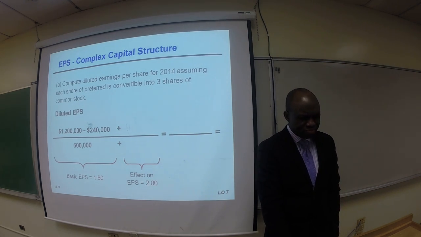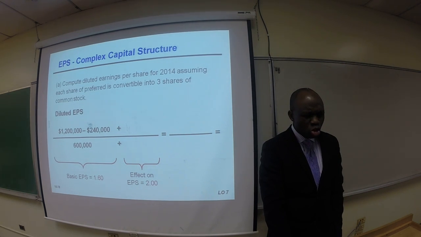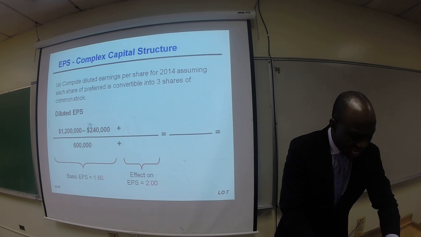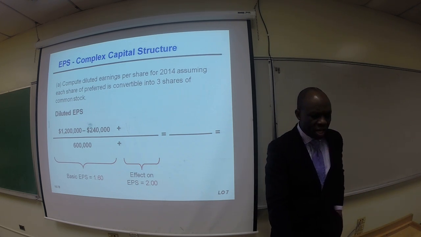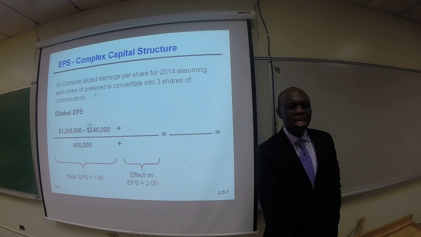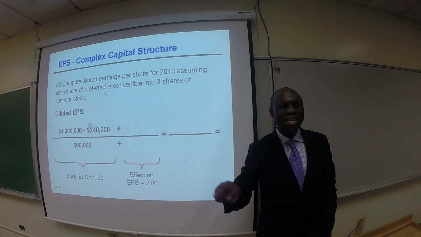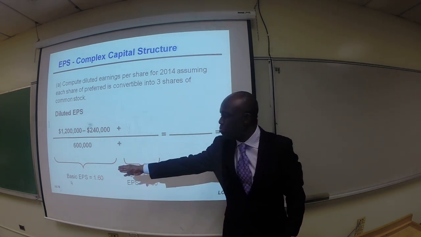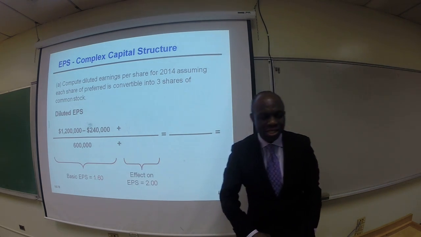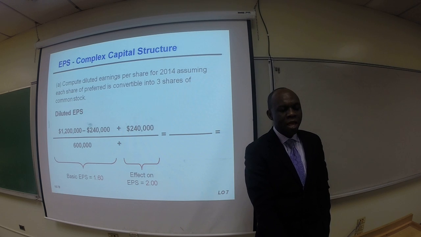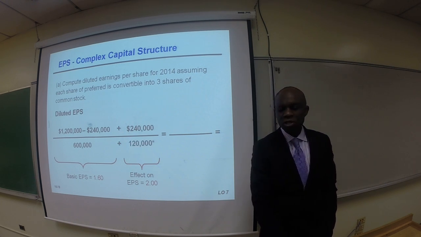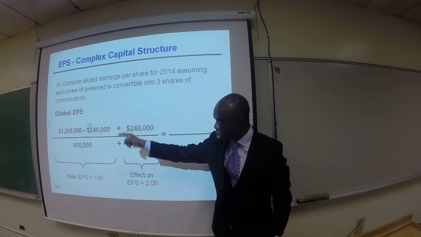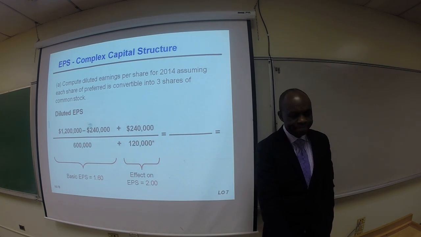Moving along, let's change this example slightly and assume that each share of preferred is convertible into 3 shares of common stock. If that is the case, the basic EPS still remains $1.60. Nothing changed there. Now let's take a look at the difference. Of course, we are still going to add back the preferred dividend on the numerator. We just explained that.